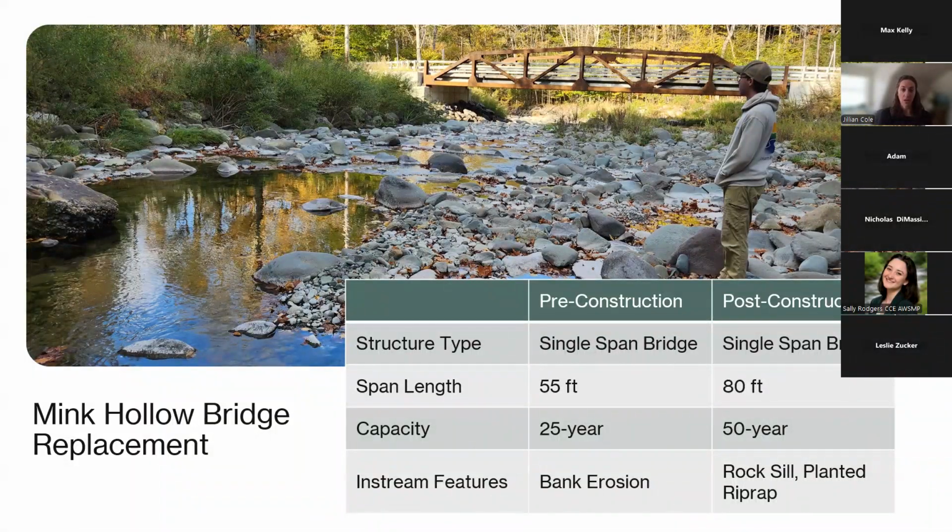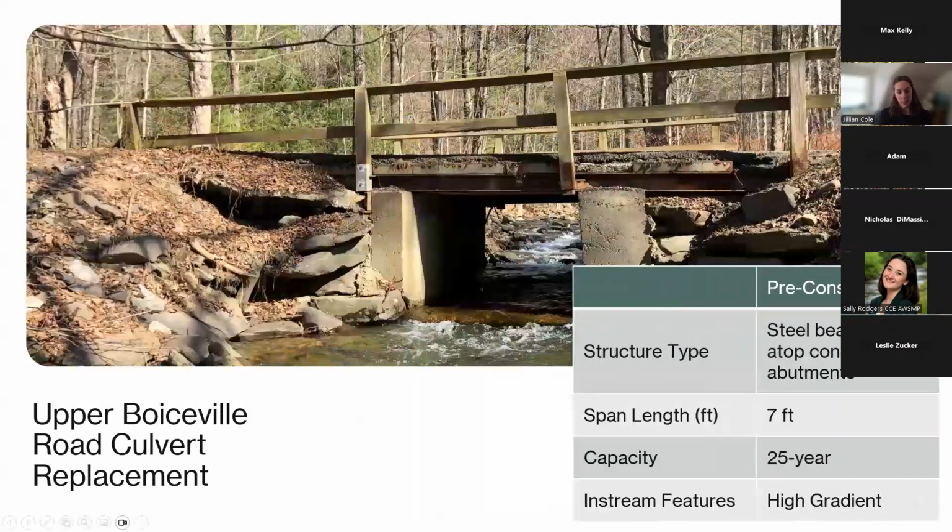And that was really to aid in sediment transport during the lower flow events, as well as provide some energy dissipation and grade control during the higher flow events. And I will pass it back over to Adam to talk about the Upper Boiceville Road culvert replacement. Thanks.